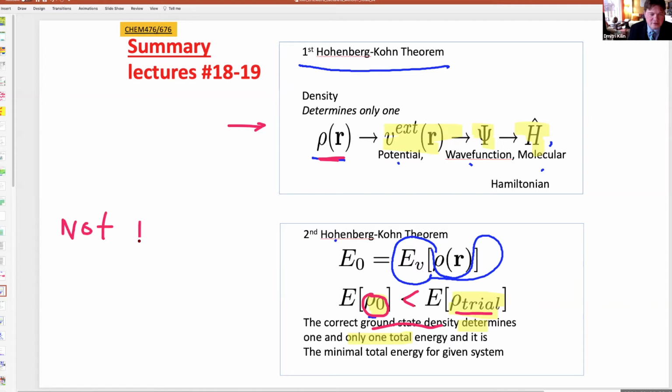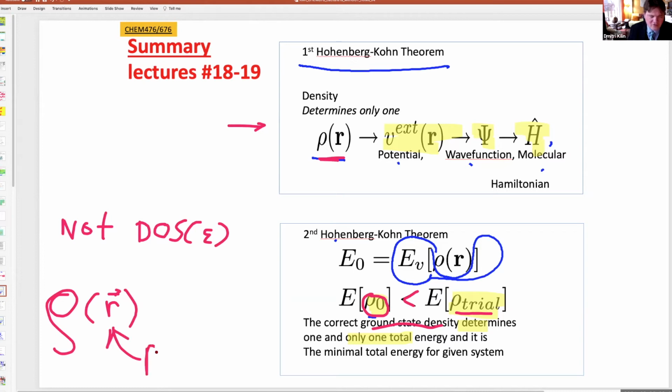It is DOS, for density of states. It depends on energy, right? And here we are talking about density of electrons, which is a function of position in space.